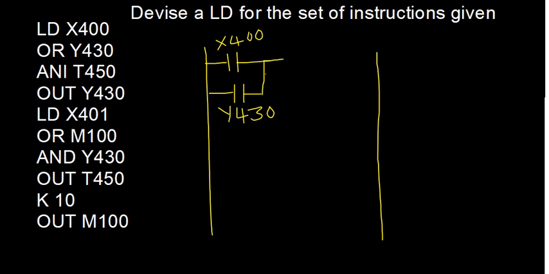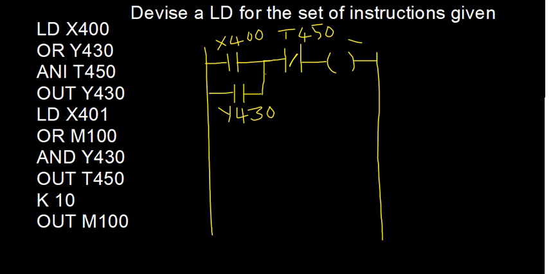ANI T 450. So whenever I mention about ANI, this is a normally closed switch. So this is my T 450 here. Then out Y 430.